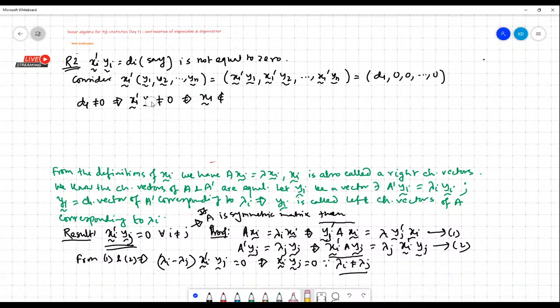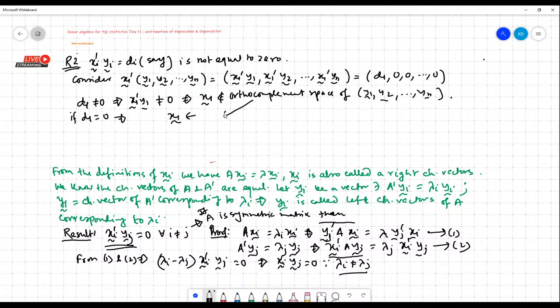This is y1, sorry. Does not belong to the orthocomplement space of y1 curl, y2 curl, ..., yn curl. And if d1 equals 0, this implies x1 curl belongs to the orthocomplement space of y1, y2, ..., yn.